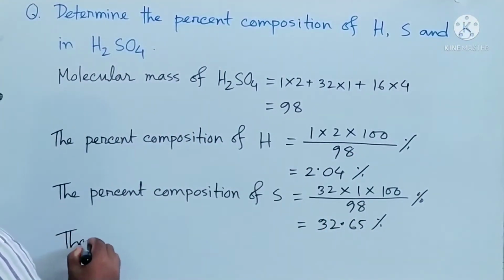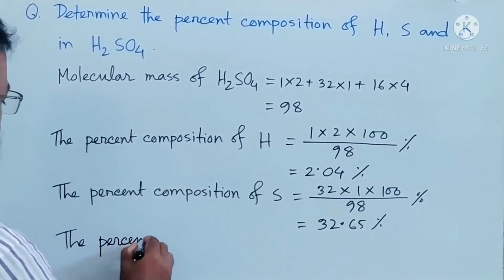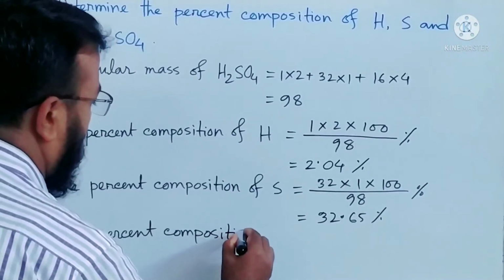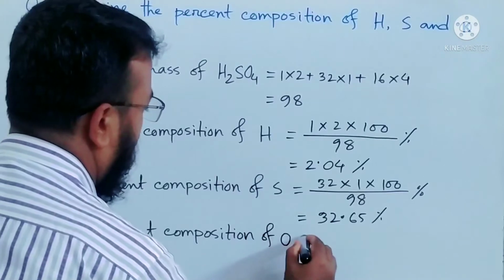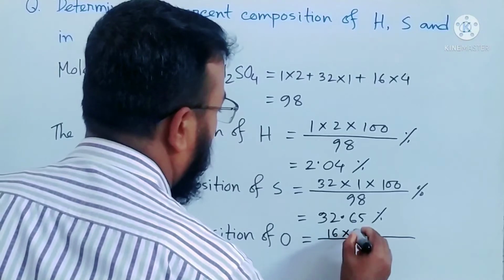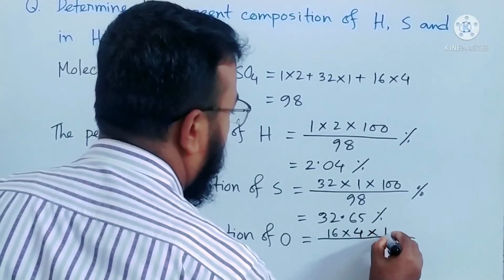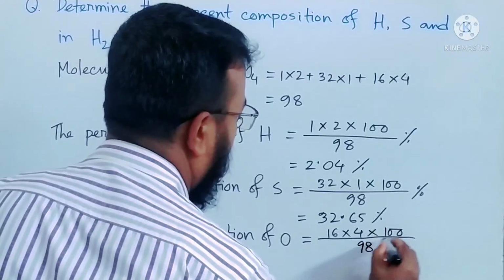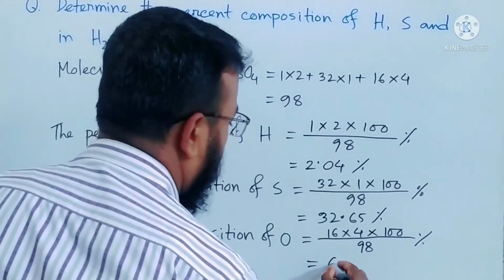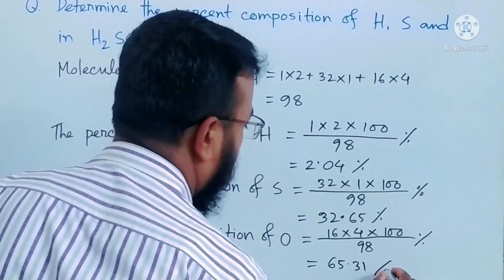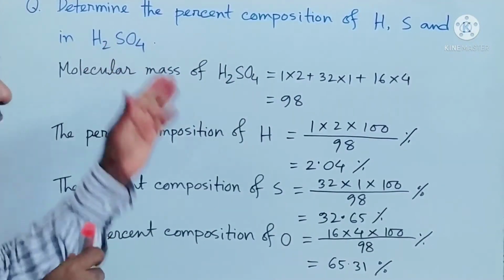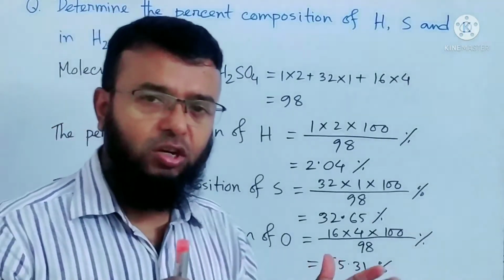Then the percent composition of oxygen equals. Same formula, atomic mass into number of atoms into 100 divided by 98, then it will be in percentage. So the answer will be, by using calculator, 65.31%.